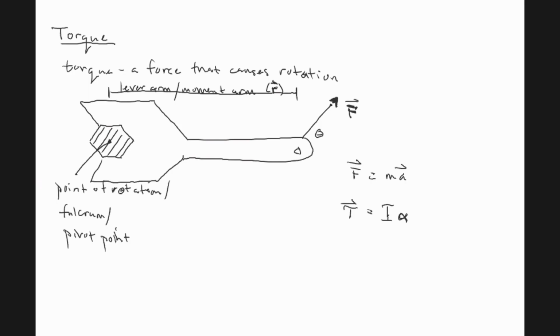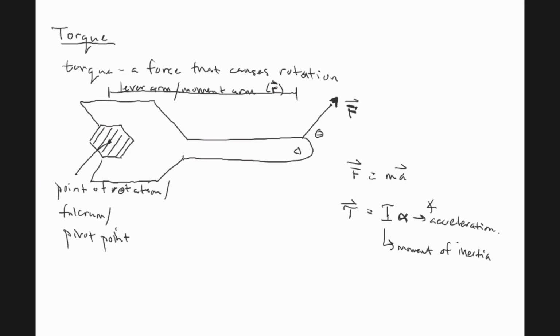So the rotational equivalents of each. I here is called the moment of inertia. And alpha is what we call angular acceleration. Okay. So it's acceleration in a circular path as we got it to rotate.